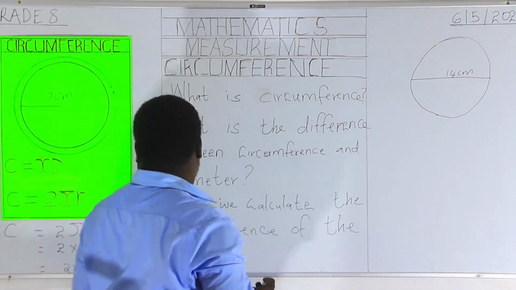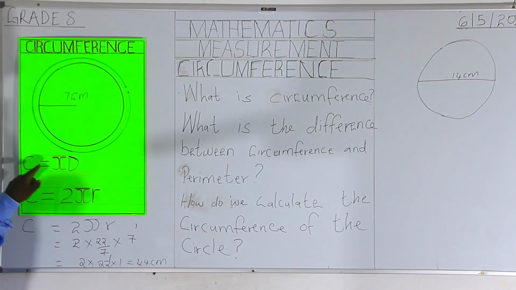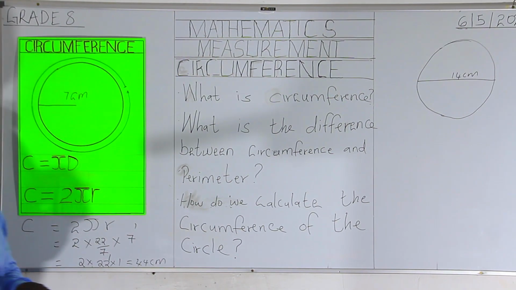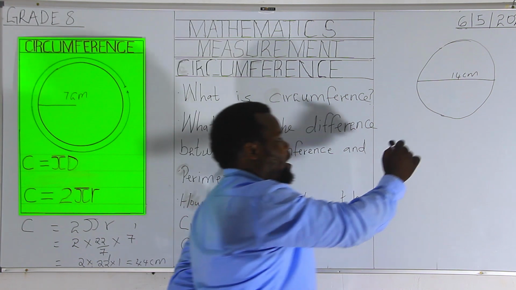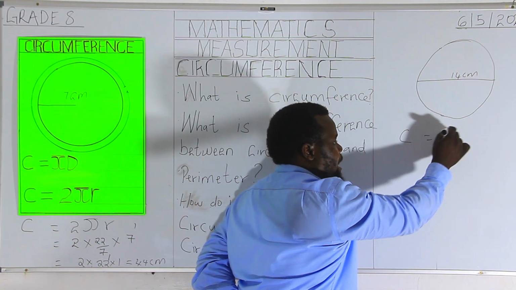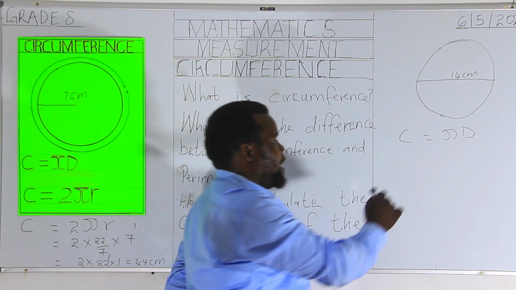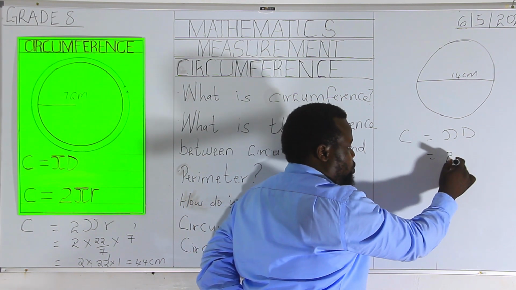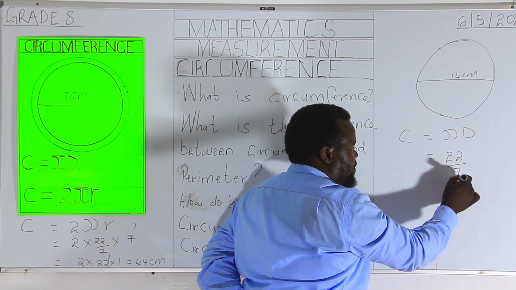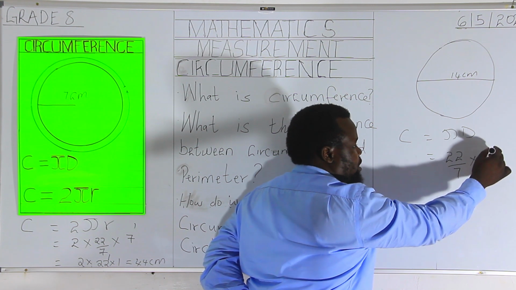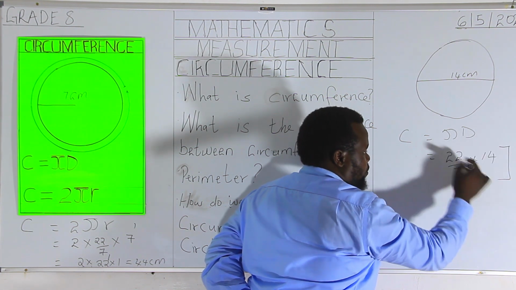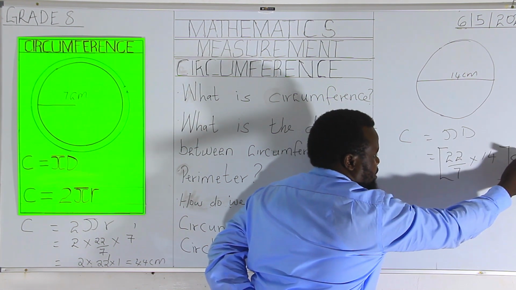I'm going to apply the first formula, circumference is equivalent to pi d, where d stands for diameter. Pi is equal to 22 over 7 times the diameter, which is 14. Our answer is in centimeters.